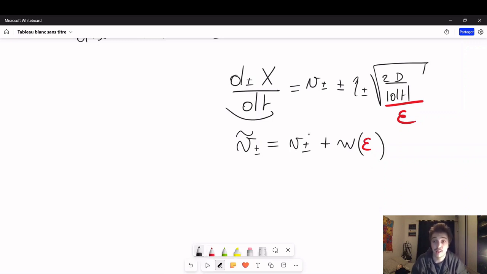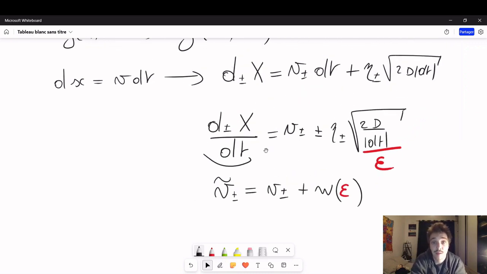That's what it is. So we can really see that here this quantity d plus minus x divided by dt is explicitly scale dependent.